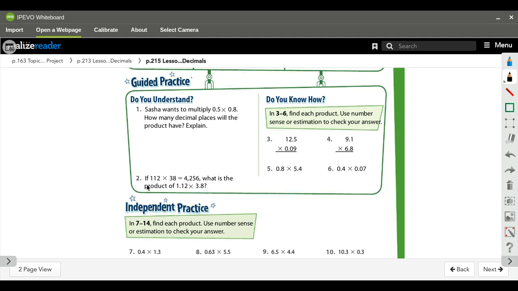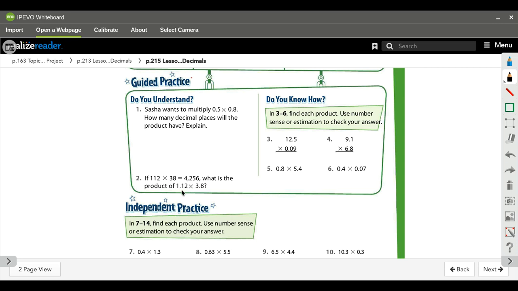Okay, so let's take a look at number 2. If 112 times 38 is 4,256, what is the product of 1 and 12 hundredths multiplied by 3 and 8/10? So again, I look at the total number of digits I have behind the decimal in both factors. So in 1 and 12 hundredths, I have 2 digits behind the decimal, and then in 8/10, I have 1 behind the decimal.